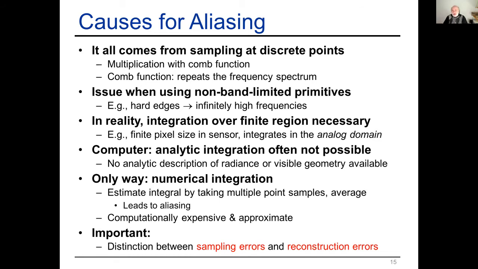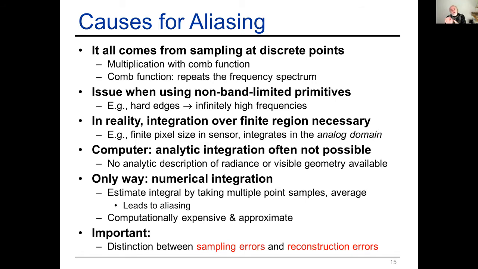We're actually integrating our signal with respect to the support of a pixel with finite size. So we're integrating the incoming light over a finite size in the analog domain.